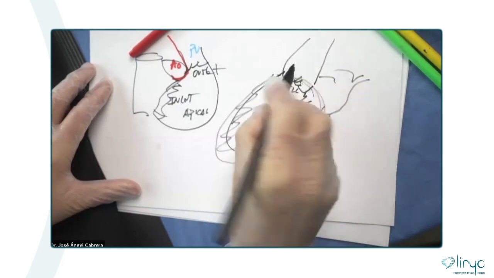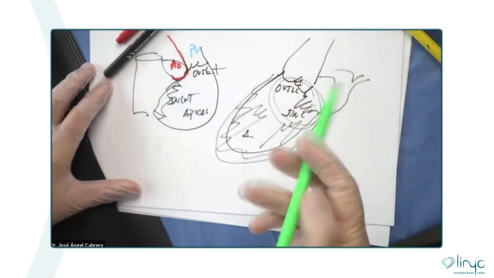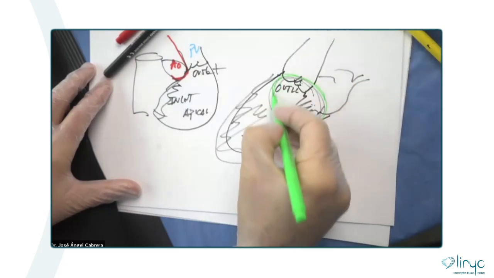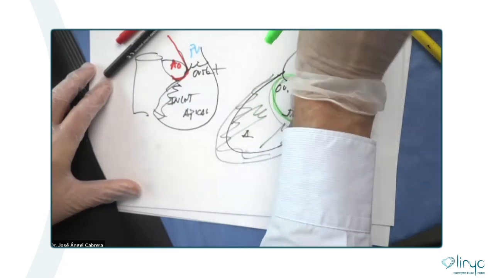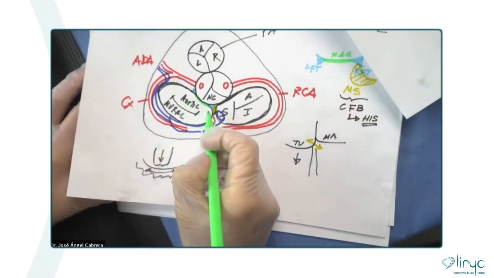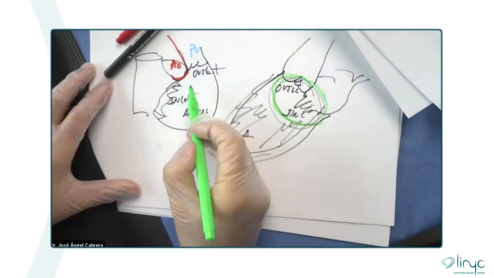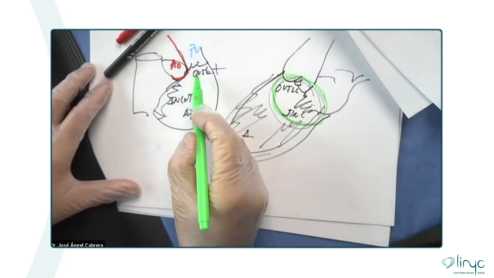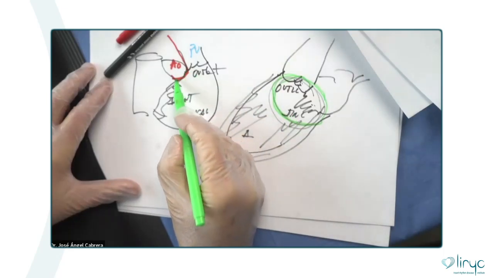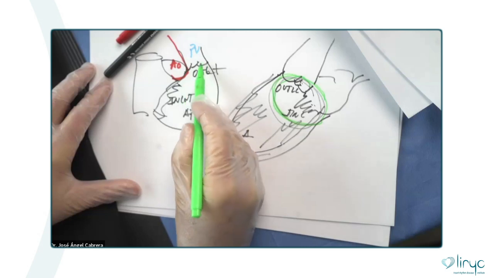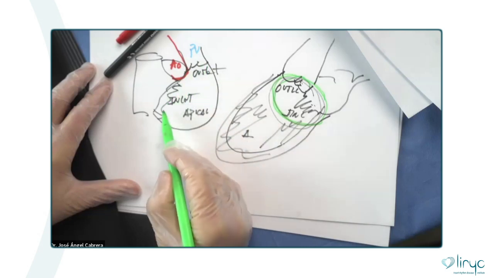Therefore, in the left ventricle, remember this figure, there is continuity between the inlet and the outlet. And in the right ventricle, there is not continuity because we have the aorta protruding in between the outlet and the inlet.